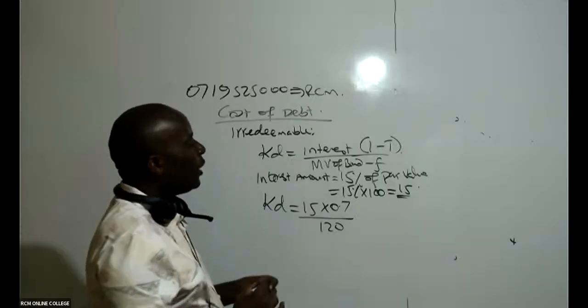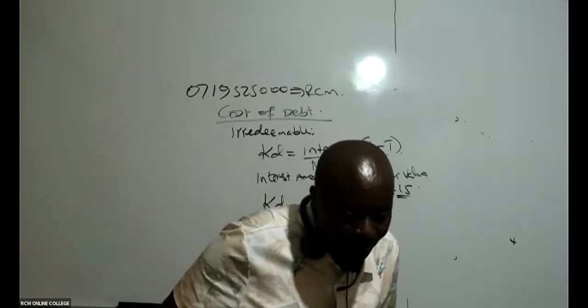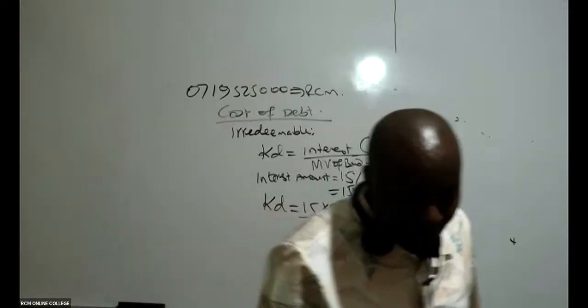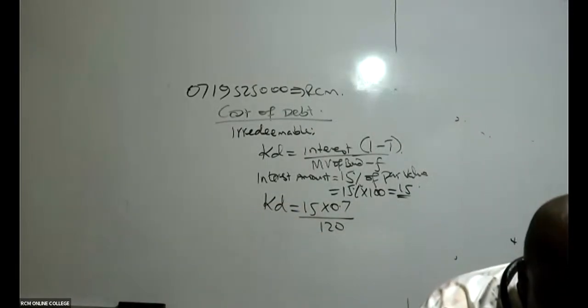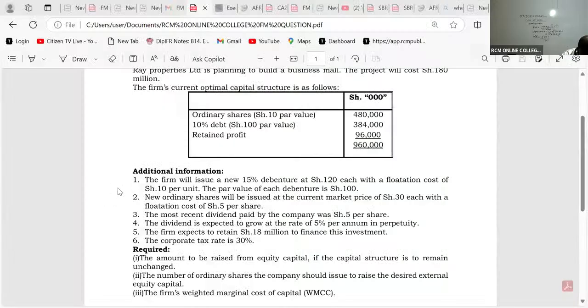I'm sure most of them have not yet seen where I've gotten 0.7 from. Why not 10%? I like your questions. You see, this 10% is the old debt.